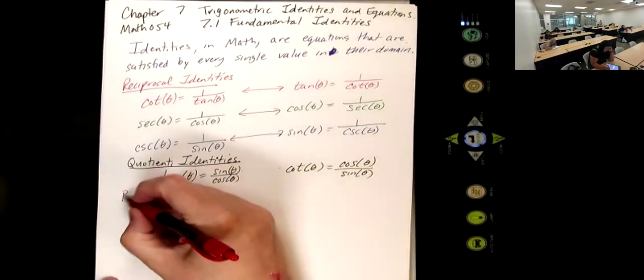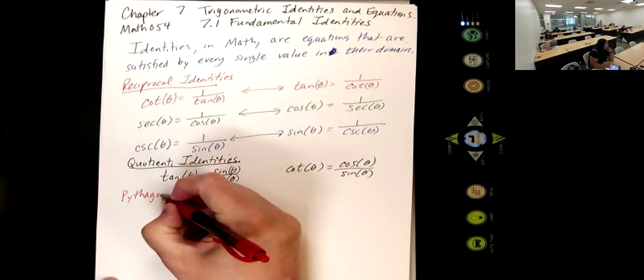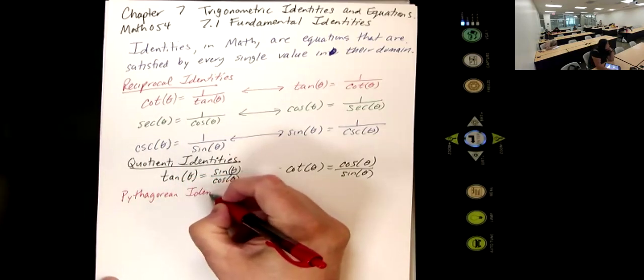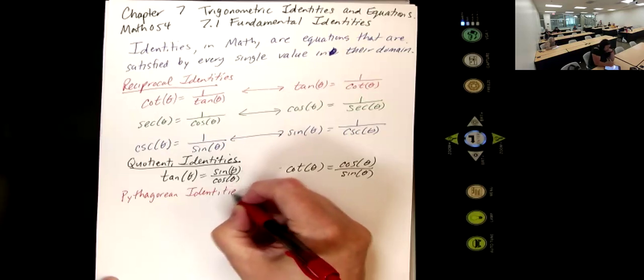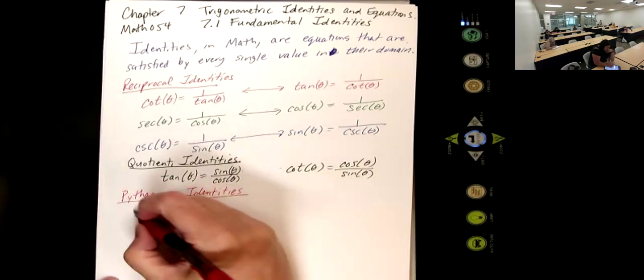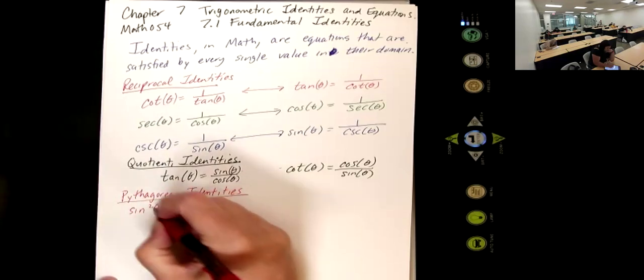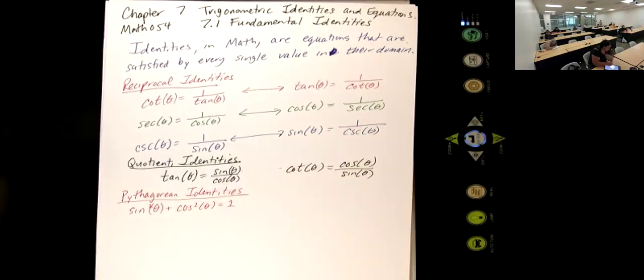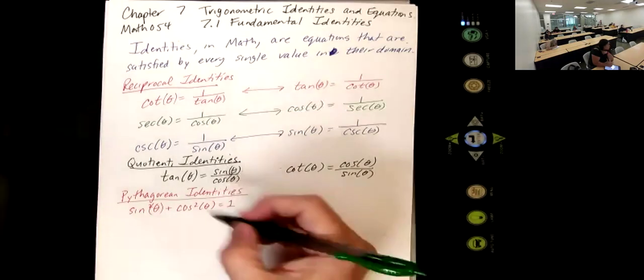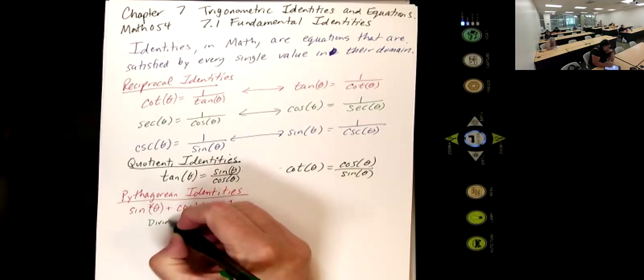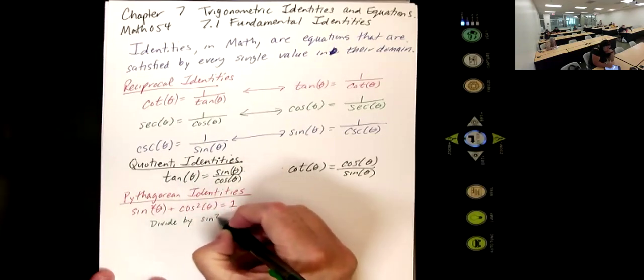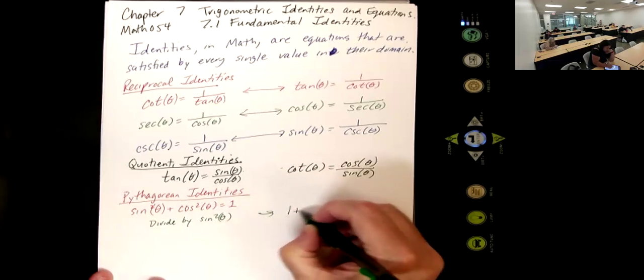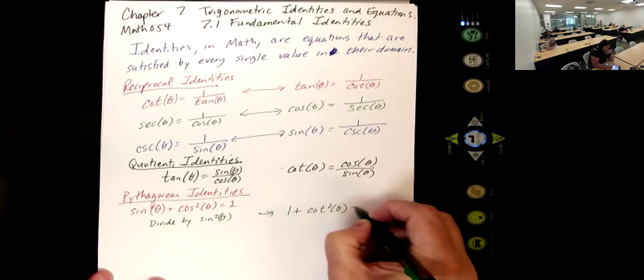Our Pythagorean identities. Start with sine squared plus cosine squared equals 1. And then divide both sides by sine squared, and you get 1 plus cotangent squared theta equals cosecant squared theta.